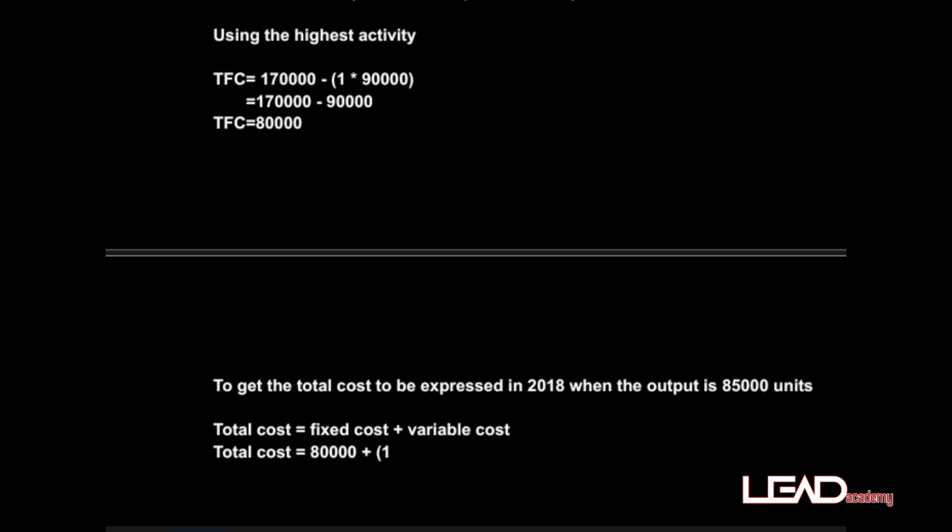We use our $1 variable cost per unit and multiply it by the 85,000 units produced in 2018.